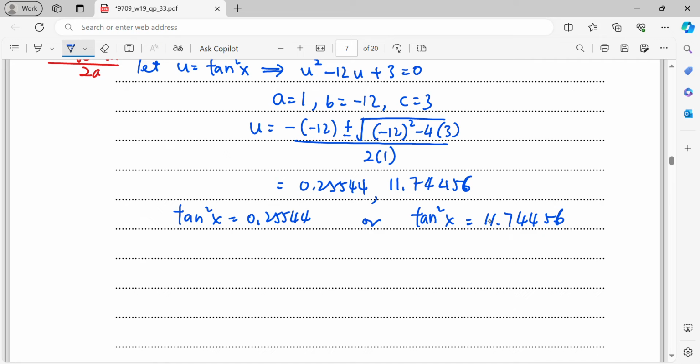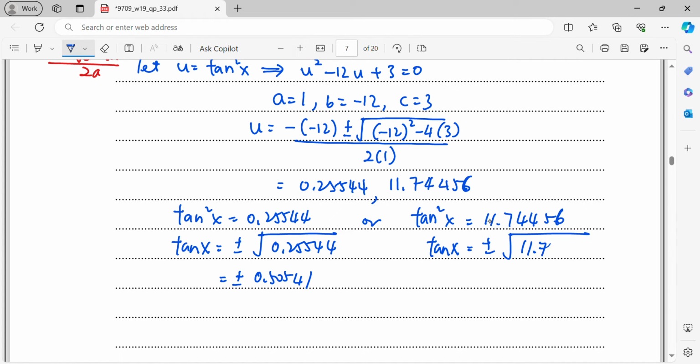And now since we need to find the x, that means we need to get tangent x instead of tangent square x. So now I have to take plus minus square root of each value. Then here you will be getting plus minus 0.50541. And the other tangent x is going to be plus minus square root of 11.74456, and you will be getting plus minus 3.4270.